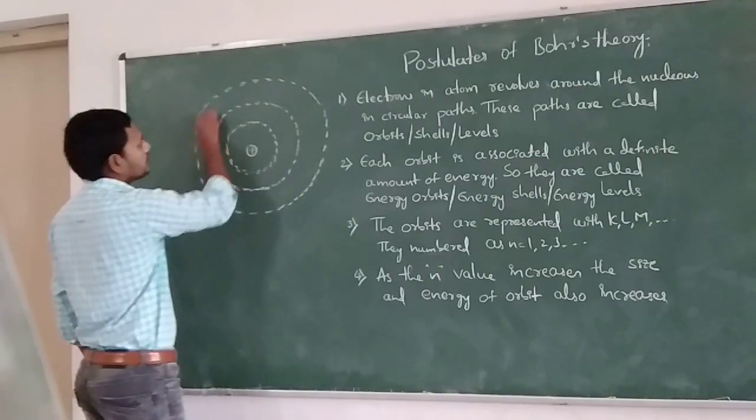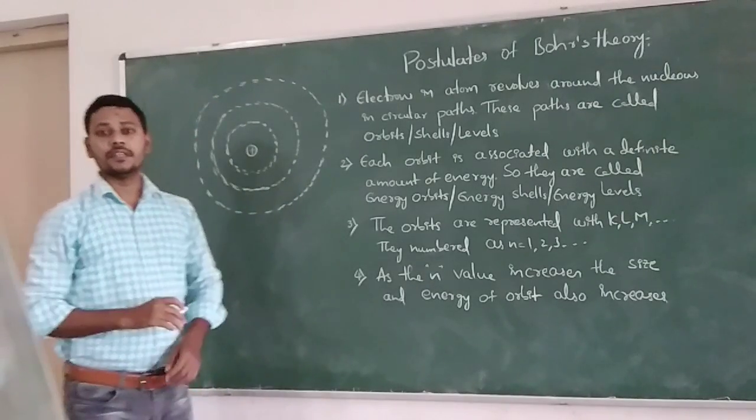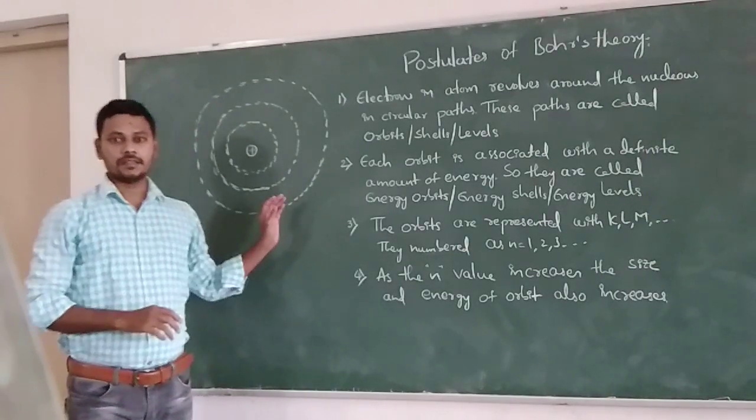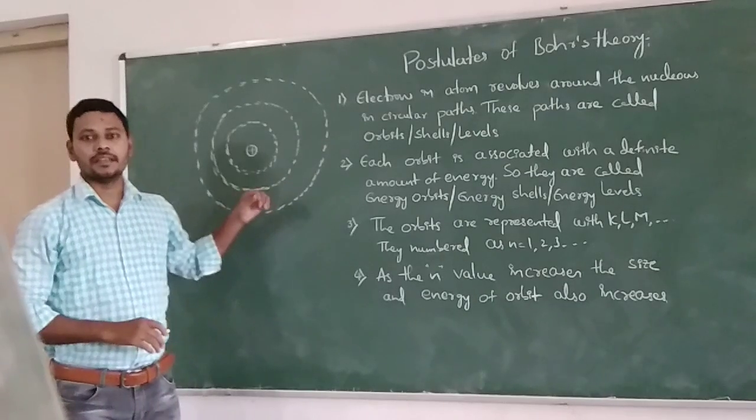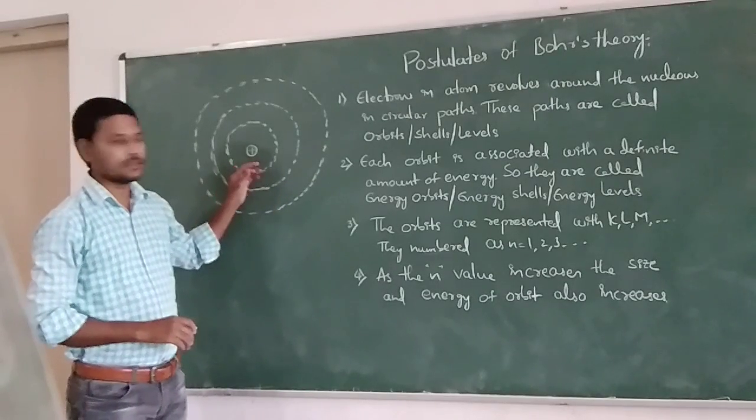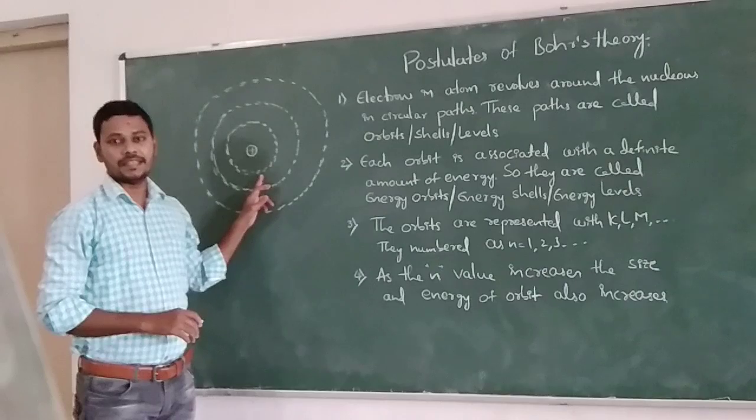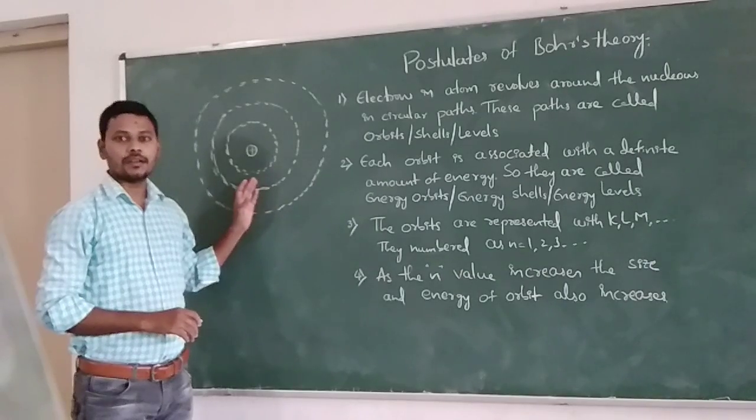So like this, electrons rotate around the nucleus in circular paths. This is the first point, and he gave names to these circular paths: they are called an orbit or shell or level.